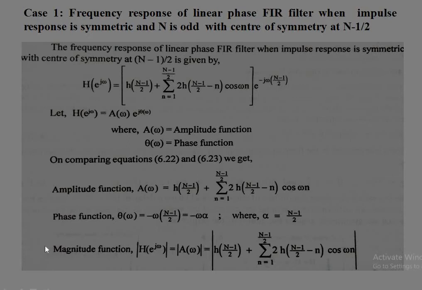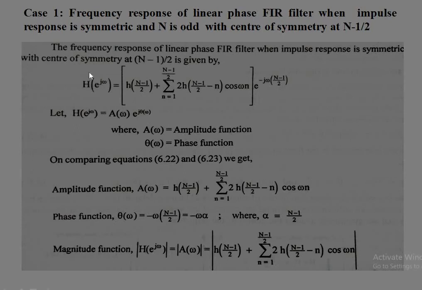It's worthy to note a point related to this magnitude response of this kind of filter, and this can be remembered so that it can be used in various problems that we encounter in the coming lectures.